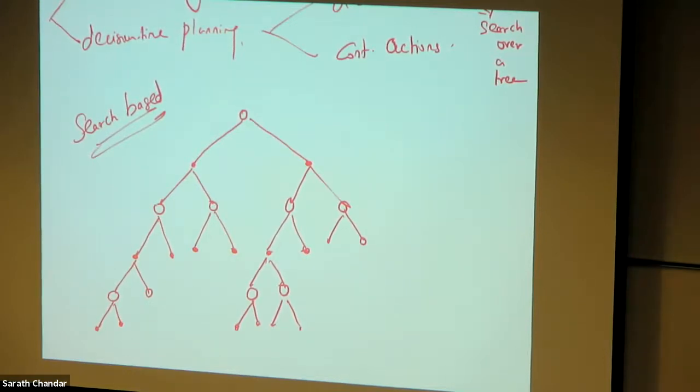This is one possible option, this is another, and so on. We will consider all the options and pick the one which has the best possible return. Now, to do this, what are all the things you need? I'm in a current state. If I have to look ahead like this for many states, let's say even till the end of the episode, what components do I need to do this plan?